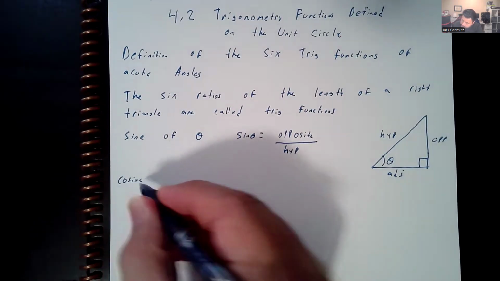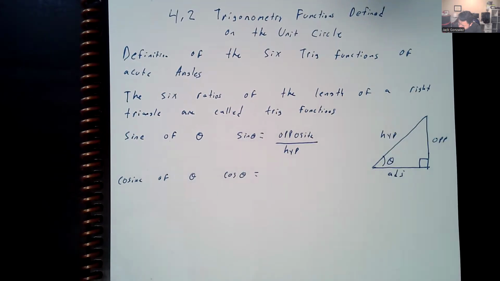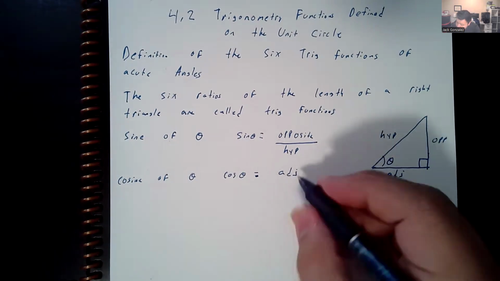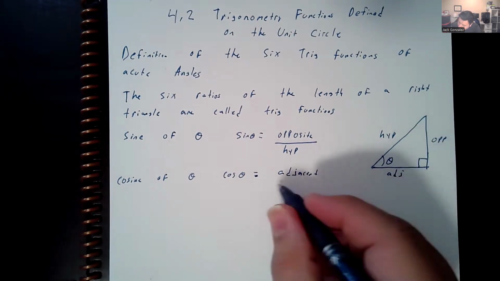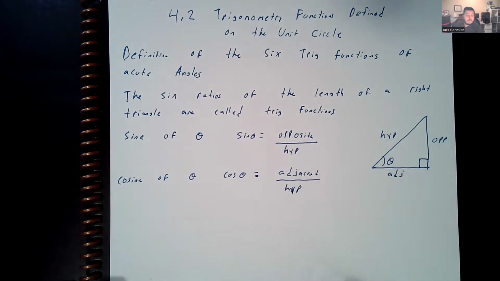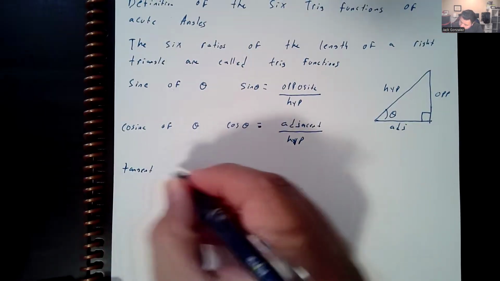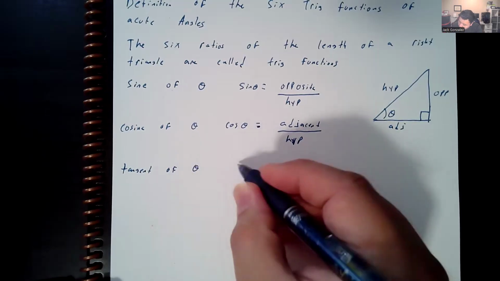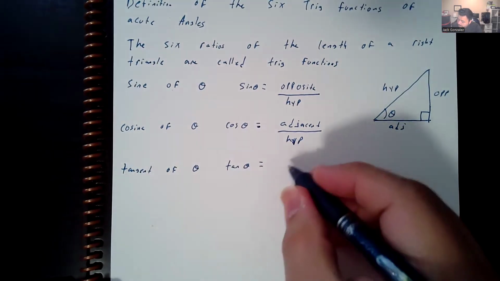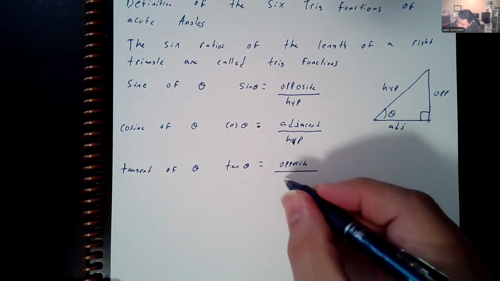Cosine of theta, written this way, is equal to the adjacent side over the hypotenuse. Tangent of theta is equal to opposite over adjacent.